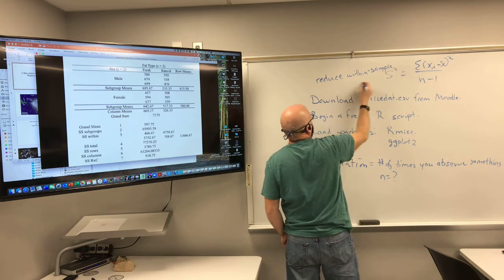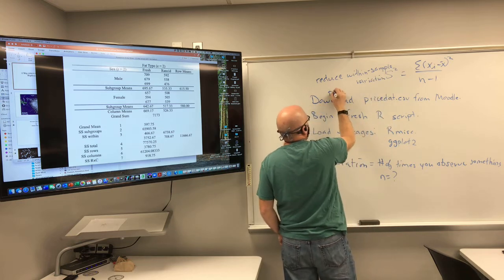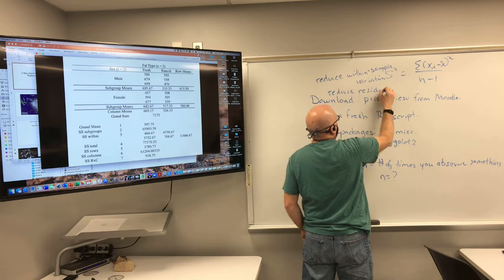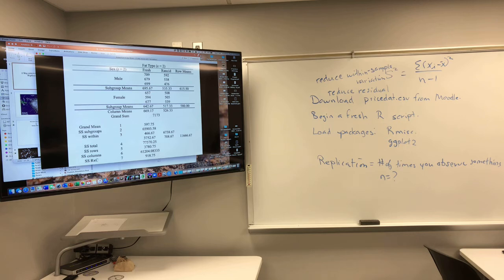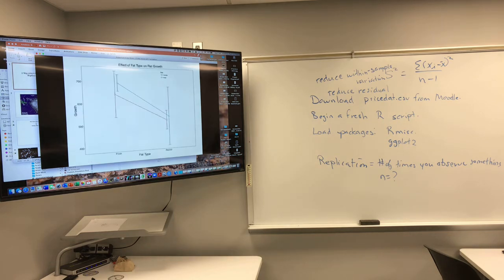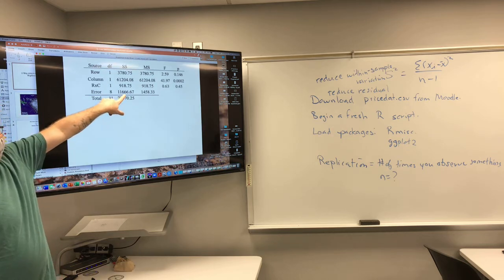You're trying to reduce the residual term in your ANOVA table. So when you calculate this ANOVA, you're trying to make this as small as possible.